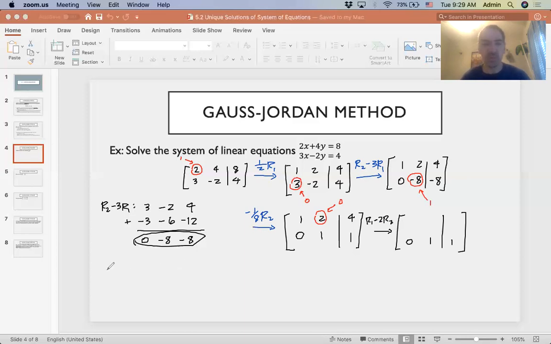Okay, so in other words, what I'm doing is I'm taking my row 1, 1, 2, 4, and I'm adding a -2 times row 2, multiplying -2 times this row. 0 times -2, 1 times -2, and 1 times -2, and then add these. 1 plus 0 is 1. 2 plus -2 is 0, which is the reason why I'm doing this, is to make this entry become 0.